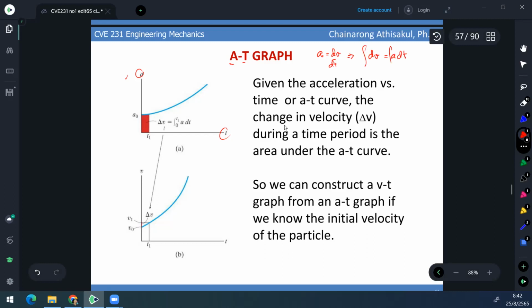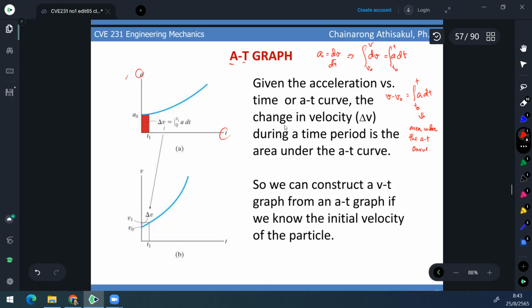After that, we integrate both sides, from t0 to t, and from v0 to v. On the left-hand side, we get v minus v0. And on the right-hand side, we have the integration from t0 to t, which represents the area under the a-t curve.